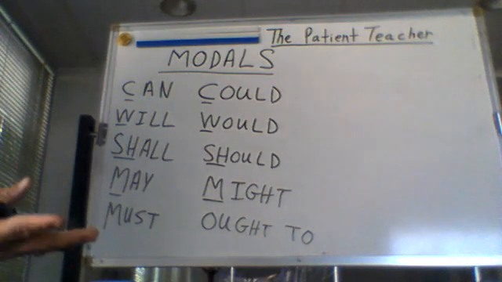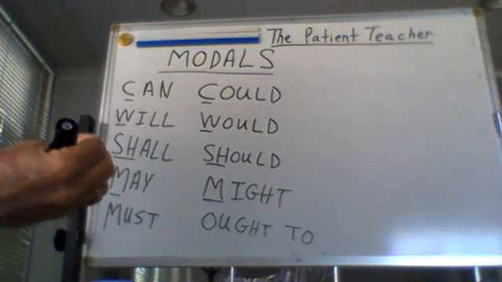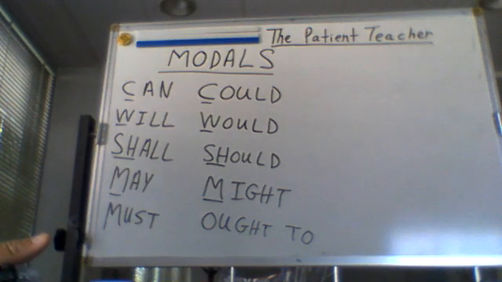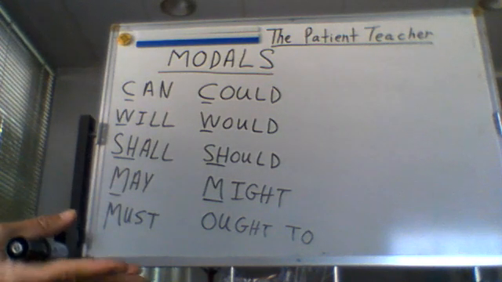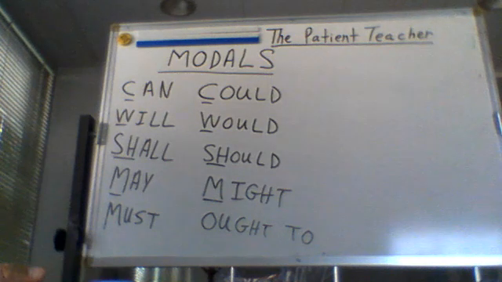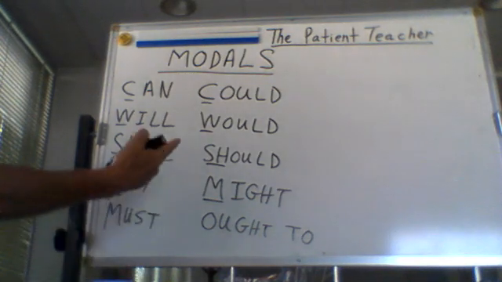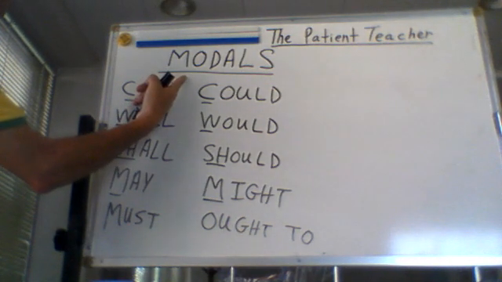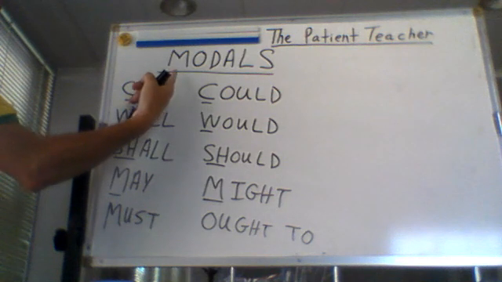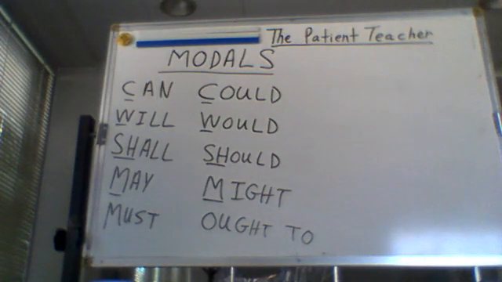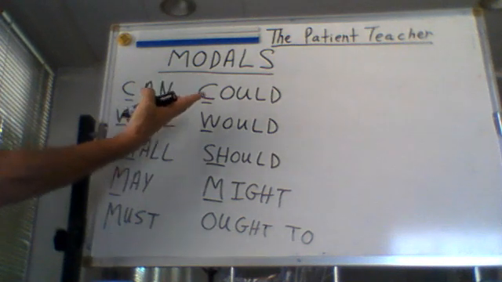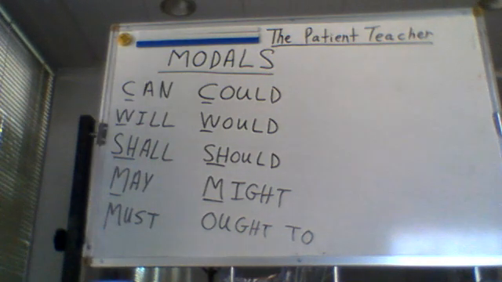Okay, so now we're going to do something that's a little harder, but it's very essential, very important for you to know when you're learning English. It's called modals. It's a type of verb. Now it's not a regular verb because you can't use it just by itself.